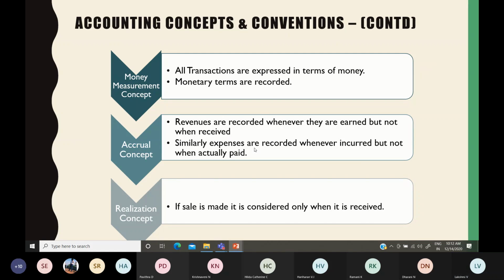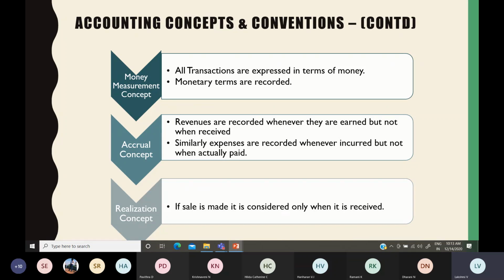So the accrual concept is that revenues are recorded whenever they are earned, but not when received. You will be showing it as accrued income. Accrued income means you have provided the service, but for rendering that service, you have not got the amount from the customer or from some person.